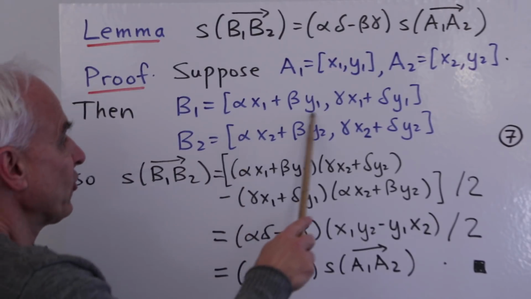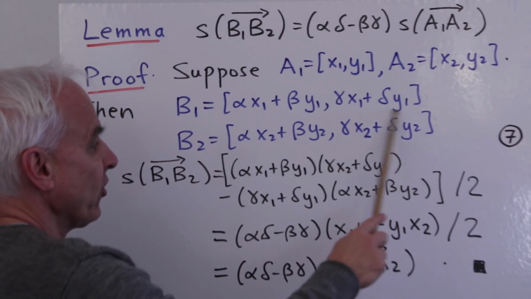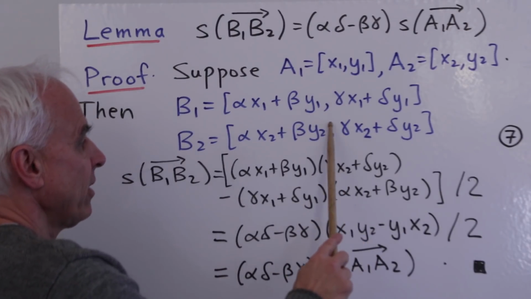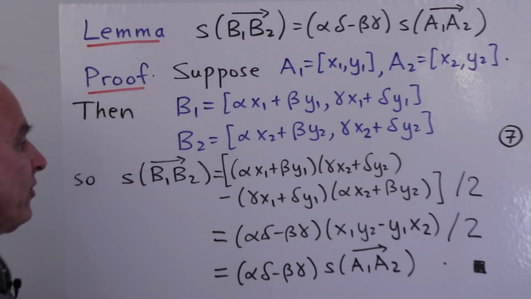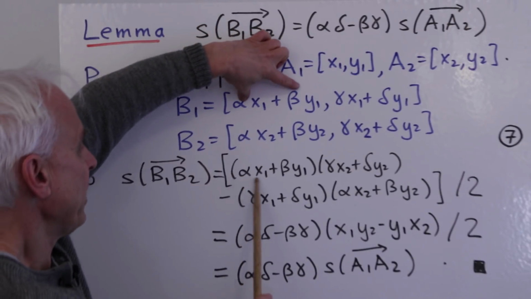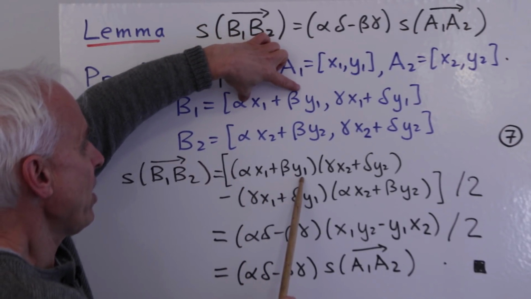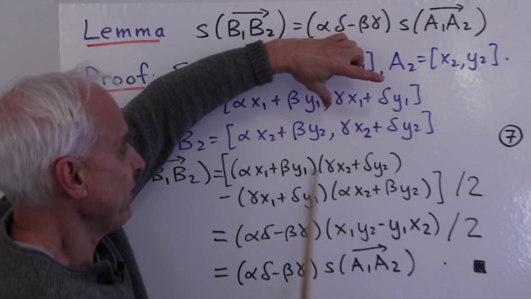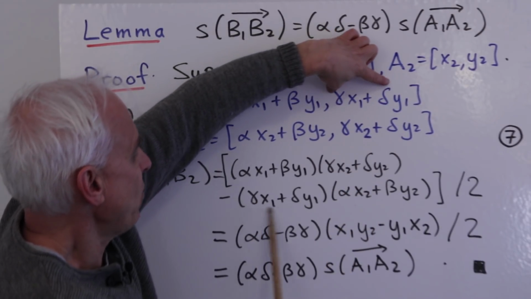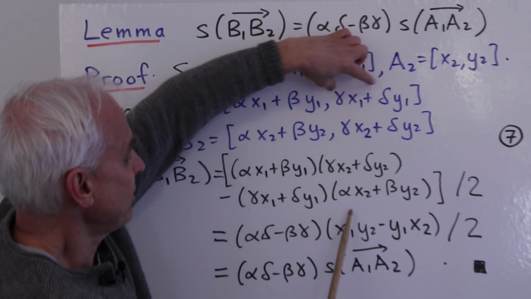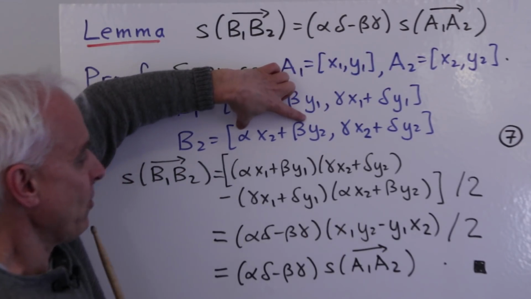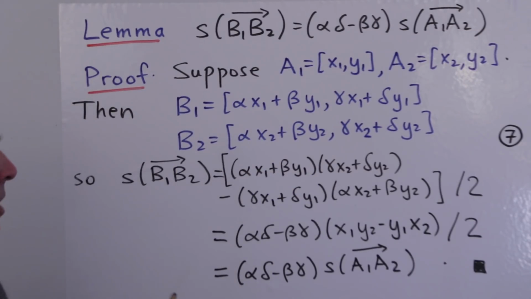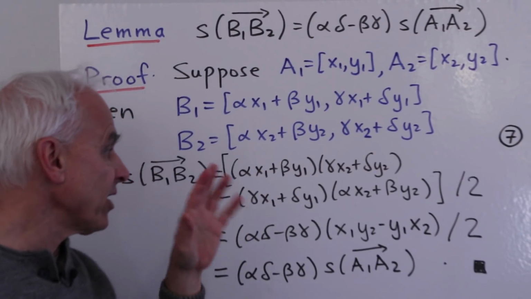So we have to take this term times this term and subtract this term times this term and divide by 2. So there's alpha x1 plus beta y1. We have to multiply that by gamma x2 plus delta y2. And we have to subtract gamma x1 plus delta y1 times alpha x2 plus beta y2. And then we divide by 2. Okay, so then we stare at this and we see that there's some cancellation.